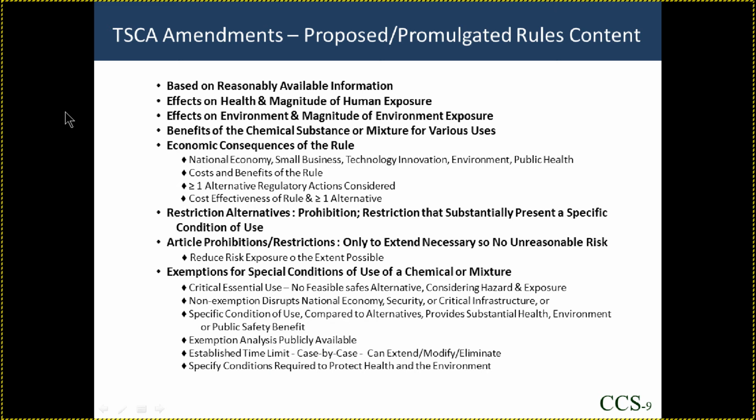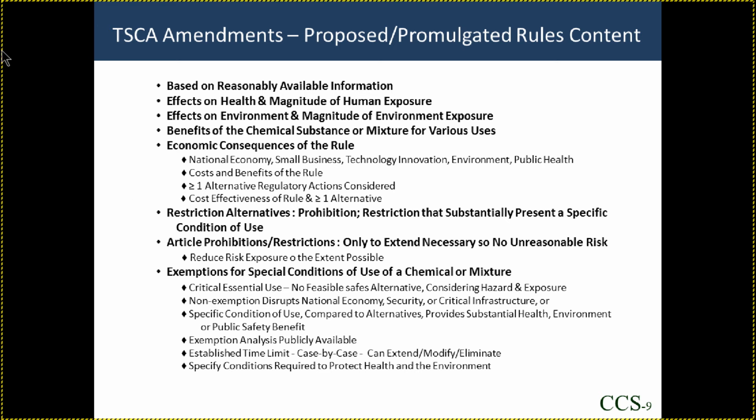The next chart on the rules content, there's a lot of detail to this, but they have to acknowledge in a transparent way what information's available. They have to identify the hazard effects on health and what is the magnitude of exposure. So they're looking at, in that case, hazard and exposure for health impacts.